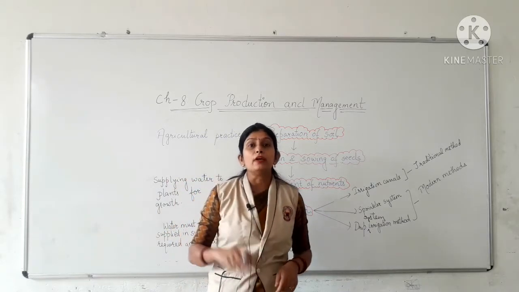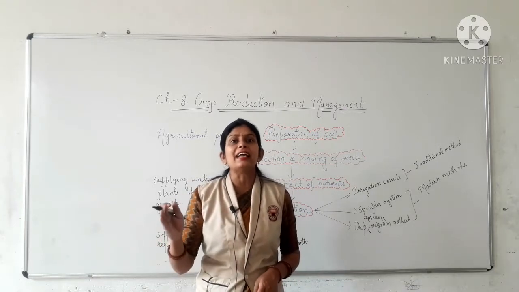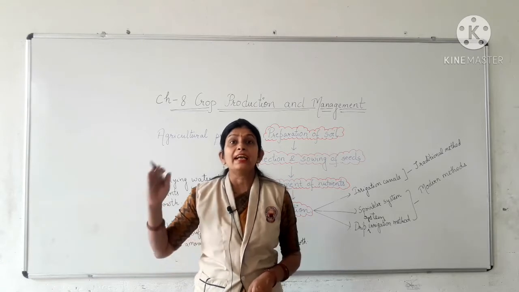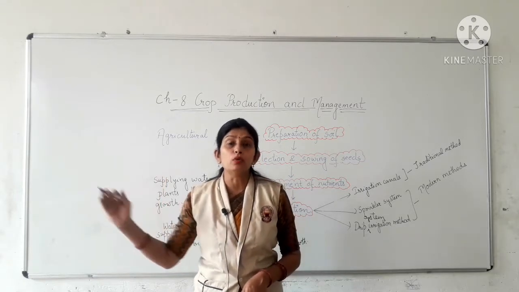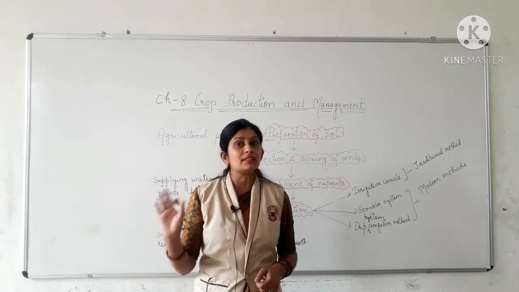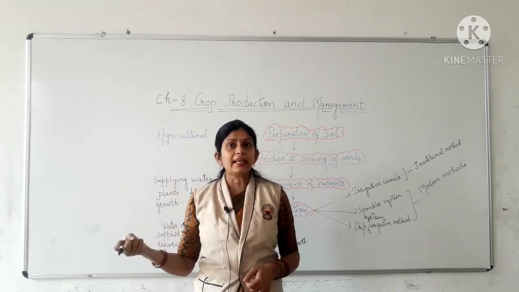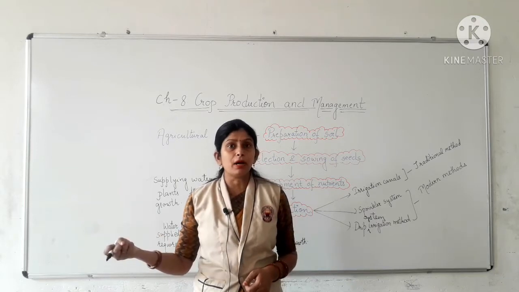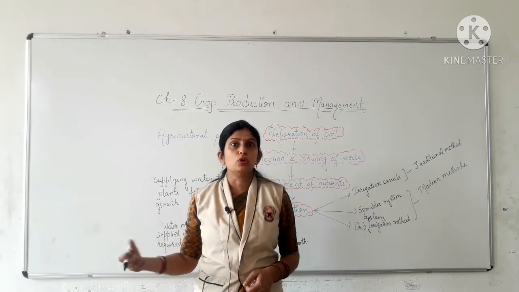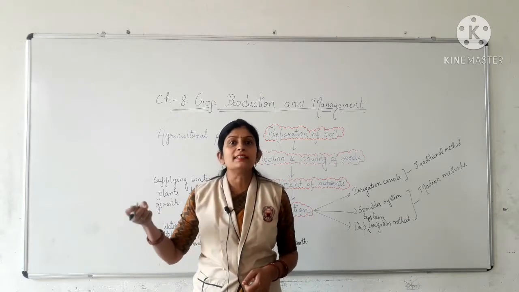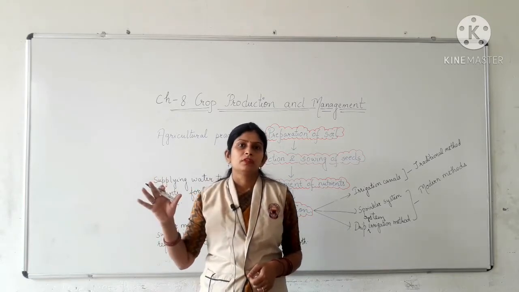So in this way, roots of the plant directly get water slowly and in sufficient amount. So they get time to absorb water in sufficient amount.